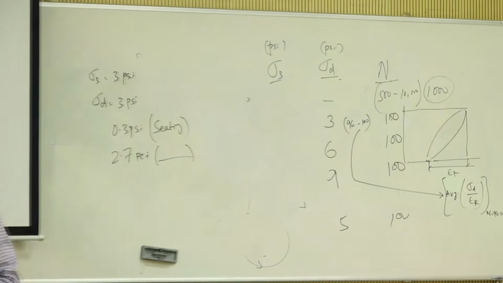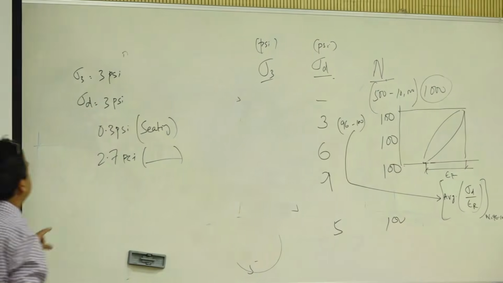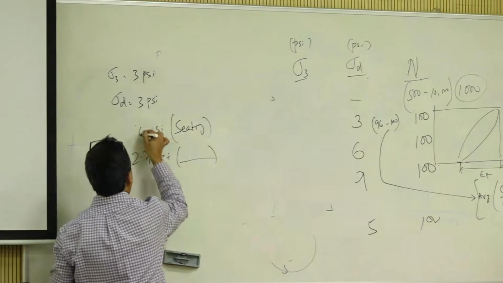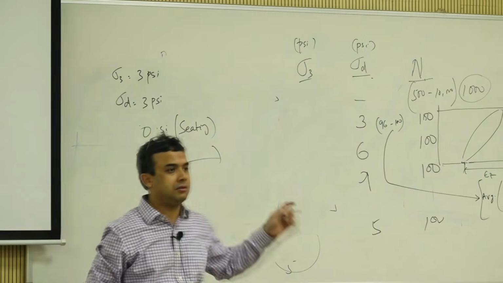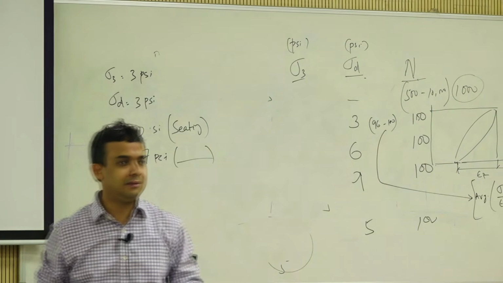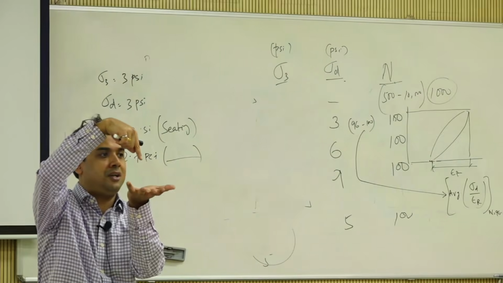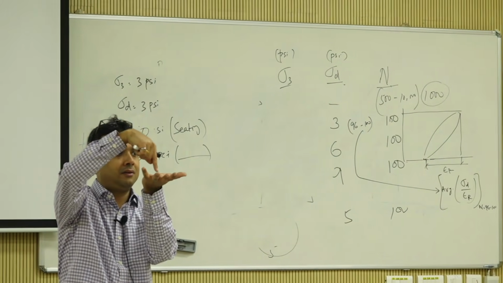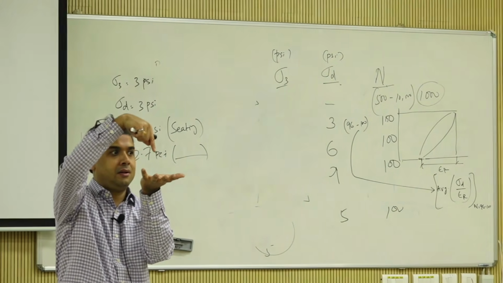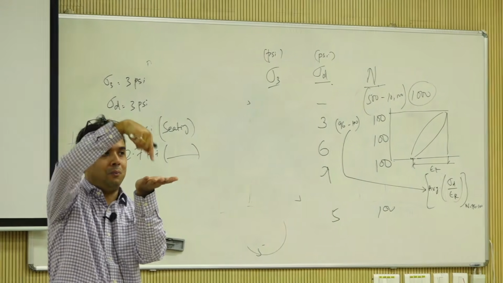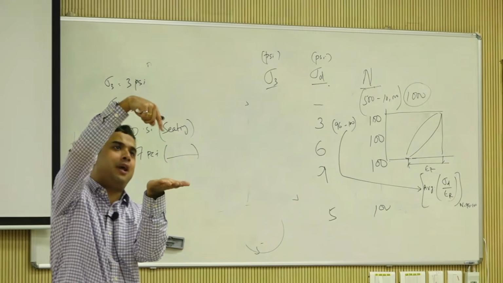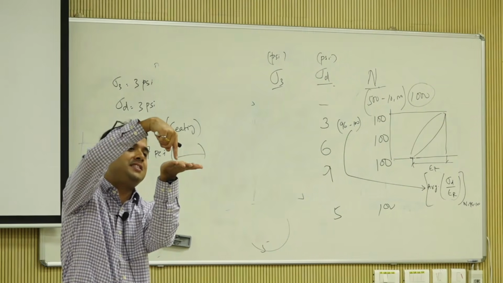Why? What happens if the seating is 0? Raki, what happens when the seating is 0? Think about the specimen and the rod. This is my rod. This is my specimen. Seating is 0. So is it touching?